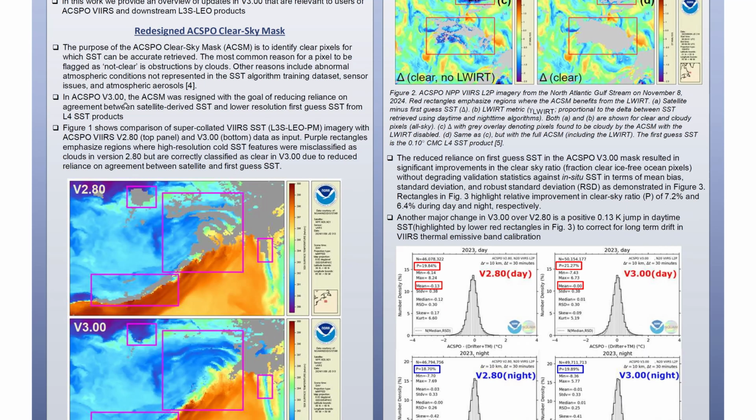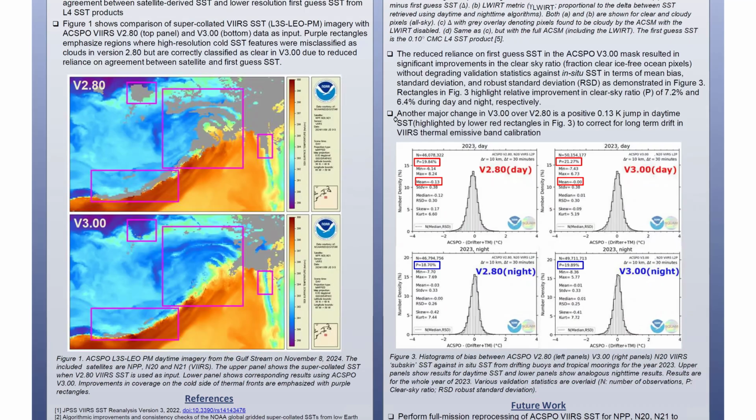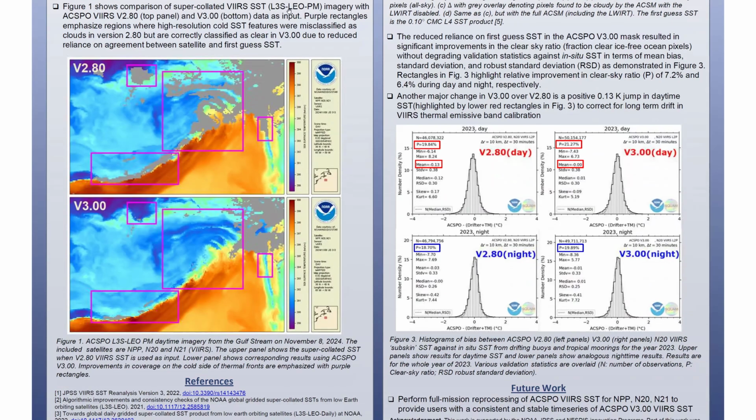In ACSPO version 3.0, the mask was redesigned with the goal of reducing reliance on agreement between satellite-derived SST and lower resolution first-guess SST from level 4 SST products. Figure 1 shows a comparison of the super-collated VIIRS SST product, L3S LEO PM. This is imagery produced using version 2.8, the top panel, and version 3.0, the bottom panel.